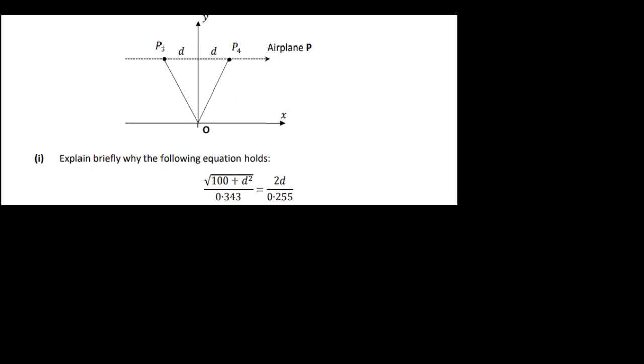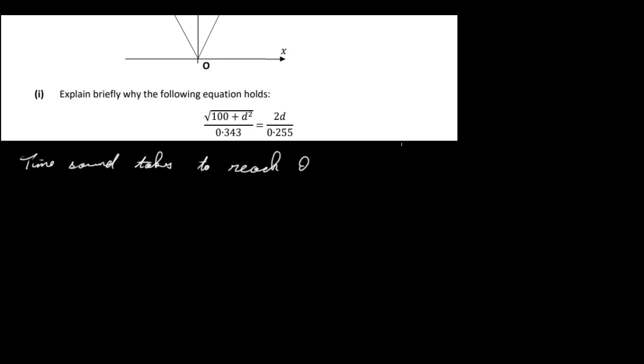So let's start with the time sound takes to reach Oscar. That's equal to distance over speed. The distance is going to be the square root of 100 plus d squared, divided by 0.343.